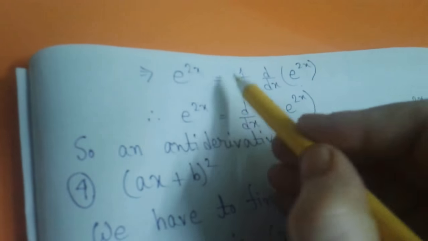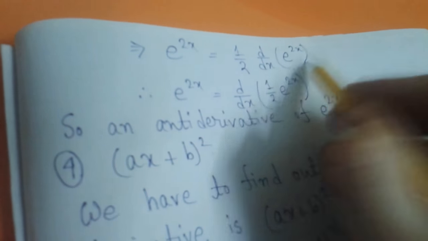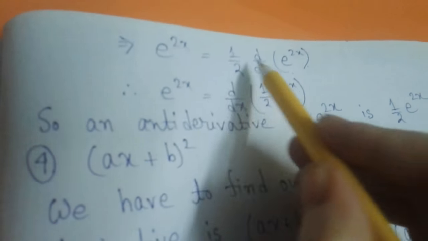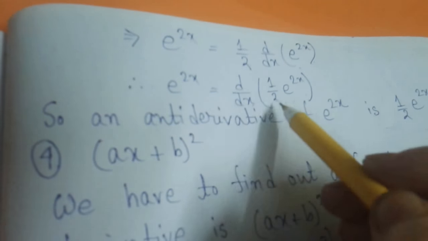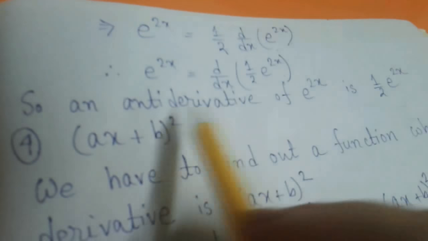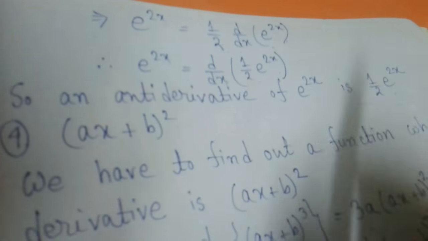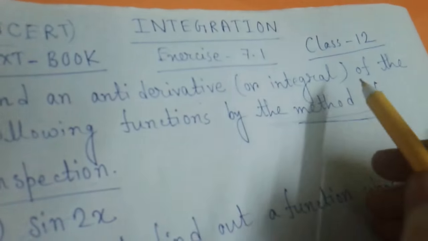So, e to the power 2x equals half into d/dx of e to the power 2x. That is e to the power 2x equals d/dx of half ভেতরে নিলে half into e to the power 2x. Now by definition of antiderivative, an antiderivative of e to the power 2x is half into e to the power 2x. Problem গুলো সলভ করতে বলেছে by method of inspection.